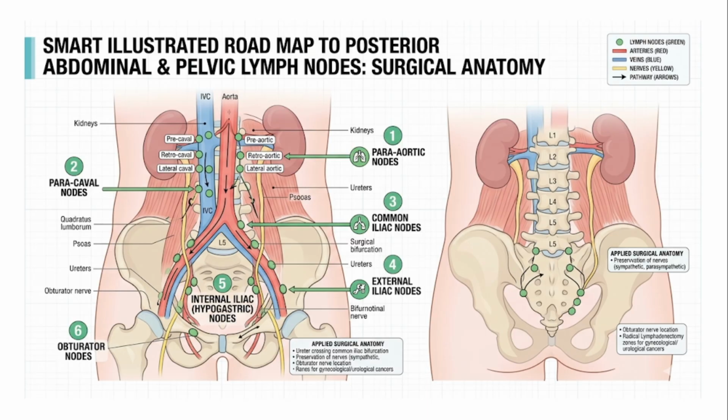We have to apply our anatomy here to preserve the obturator nerve, important for gynecologic oncology and for urogynecology operations as well. So our applied anatomy, as we can see on the right side of the map, is preservation of the sympathetic and parasympathetic nerves, and preservation of the obturator nerve.